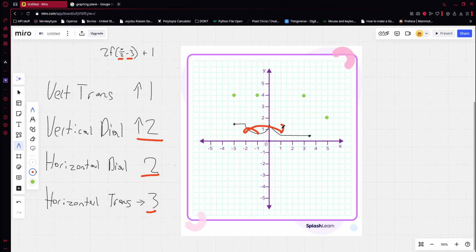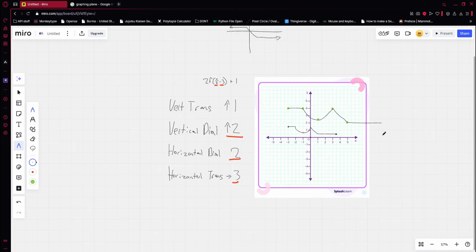It's up to here, because we double 1.5 tiles, and then we get 3 tiles, and then we're up here, and then we add 1, so right there. Put our little dot, and now we can draw our lines. And then there's one that goes off into the distance. And that is our finished product.